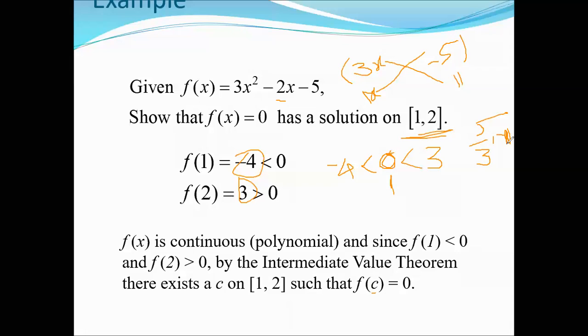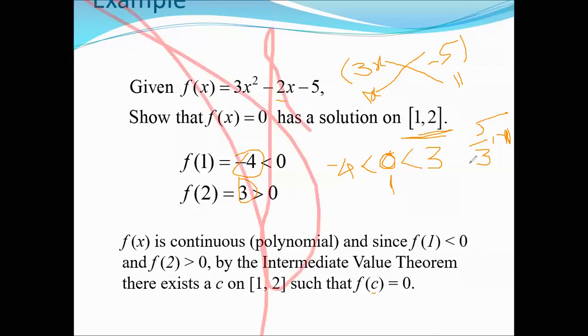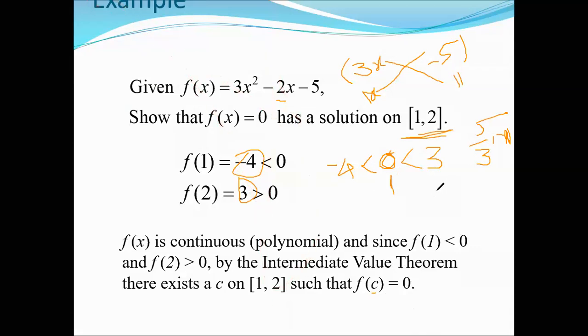Is that clear? Yes. So 5 by 3 is 1.666 and obviously lies between 1 and 2. So there exists a c lying between 1 and 2 such that f of c is equal to 0, that is f of 5 by 3 is equal to 0.